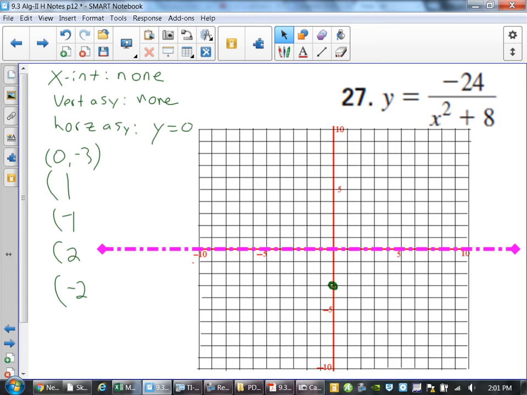Top degree is smaller than the bottom degree. So if I use 1, I get negative 24 over 9, so 8/3.